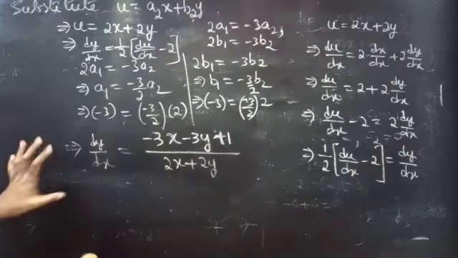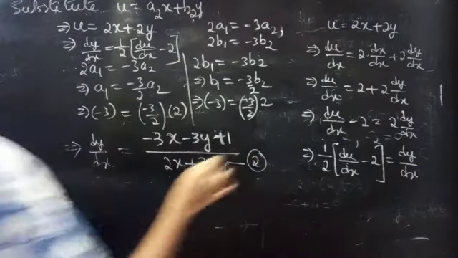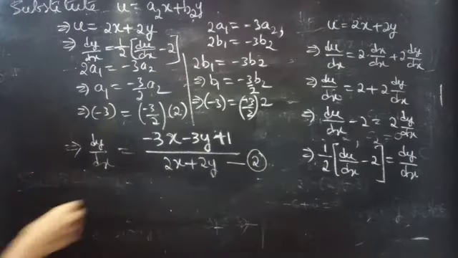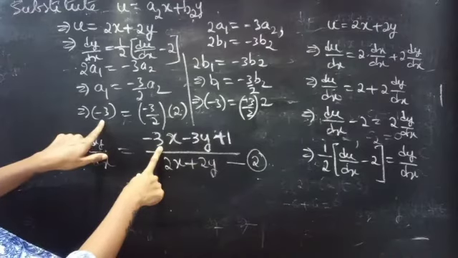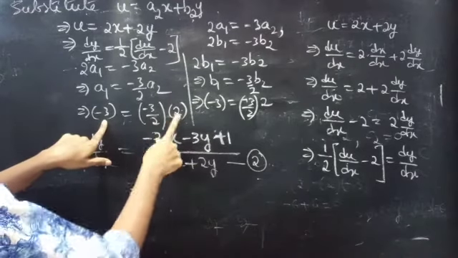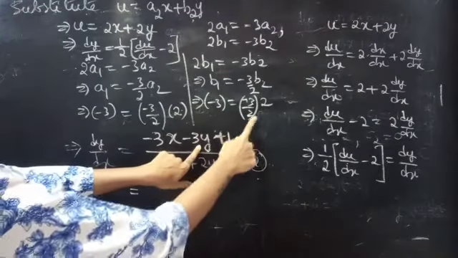Now consider the reduced equation as equation number 2. Now replace a1, that is minus 3 by 2 into 2, and b1, minus 3 by 2 into 2.